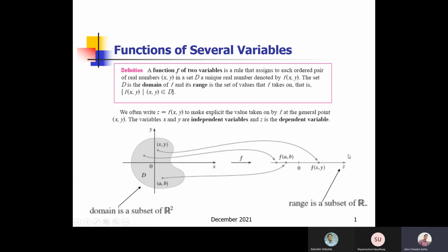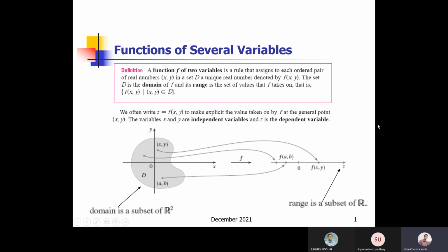Now you simply look at this: the domain is nothing but the set of points being considered in R2 for this function of two variables. And the range is the set of real numbers z, where z is given by f(x, y).